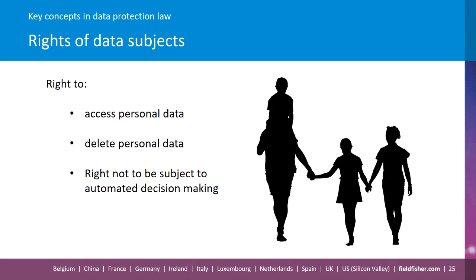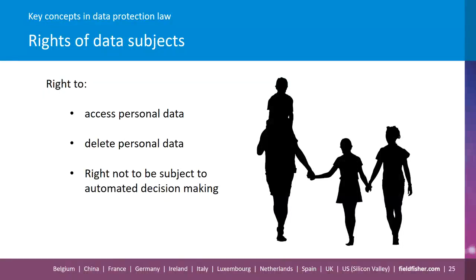Data protection law provides protections so that machines aren't making really important decisions about people, which people are not able to challenge or get another human being, as it were, to check the output of the machine which has made a determination about a person's qualities. So that's the right not to be subject to automated decision making.